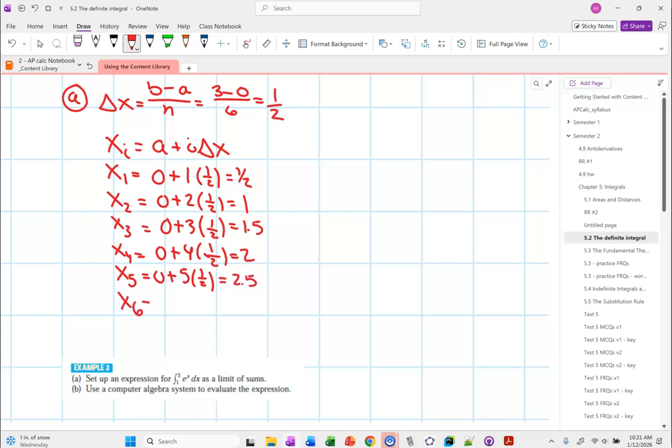And then x6 is going to be 0 plus 6 times 1/2, which is 3.